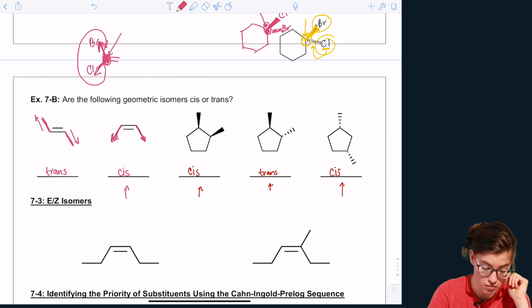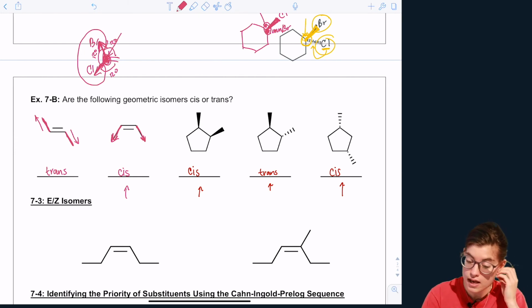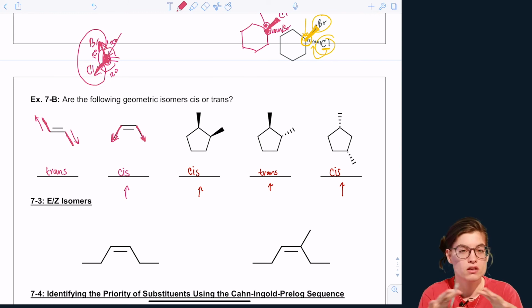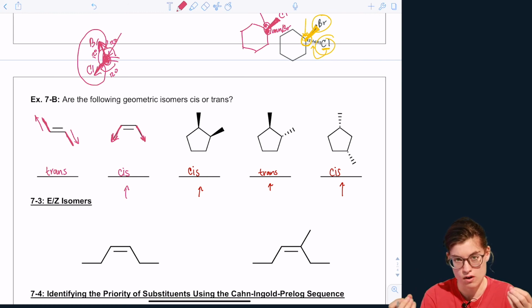We know that this carbon has 120 degrees between each of its bonds, and so that dictates where this bromine is and where this chlorine is. So just like with the rings, if your two substituents are bonded to the same carbon, you don't use cis and trans to describe that relationship.